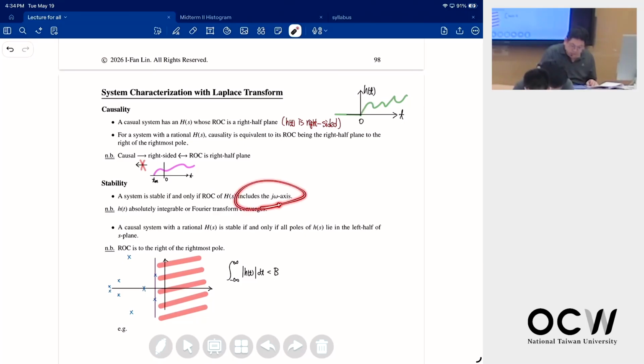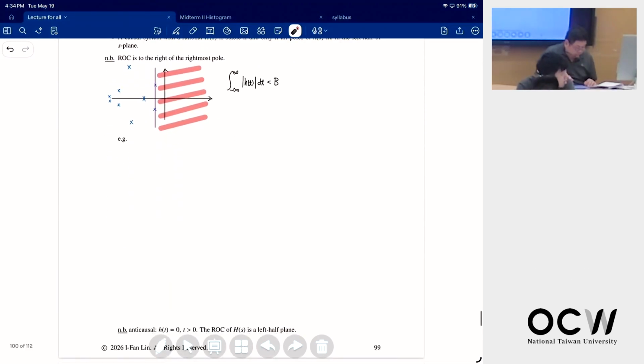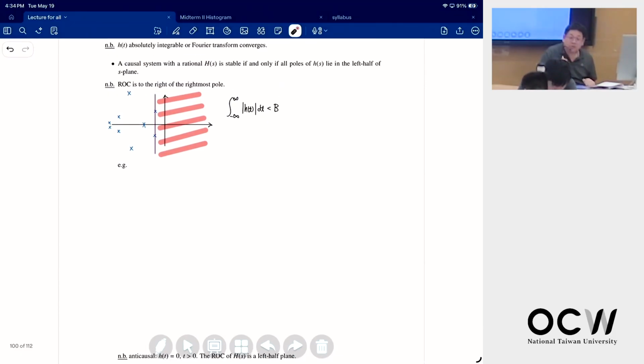The region of convergence should include the j omega axis, and the system is causal. That means the region of convergence is the right half plane. Okay, so I'll give you 3 examples, and you need to tell me if the system is causal or stable.